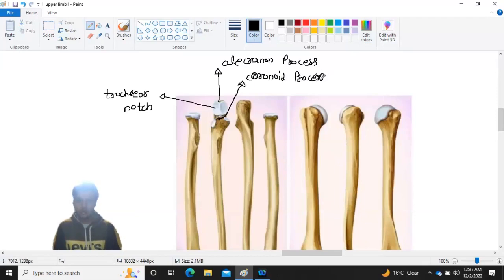And then this is the ulnar tuberosity. Ulnar tuberosity.